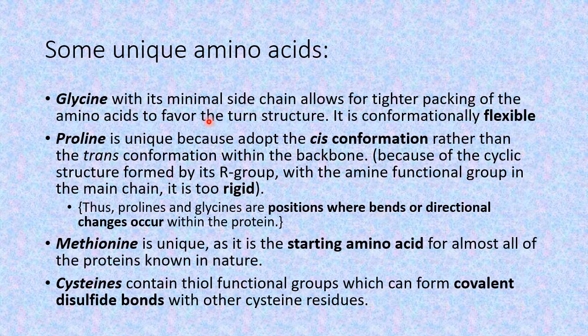In the trans conformation we have seen the two R groups on two different sides of the polypeptide chain, and cis conformation means the R groups of the adjoining amino acids are on the same side. So if they are on the same side, they will facilitate the formation of turns within this polypeptide sequence.